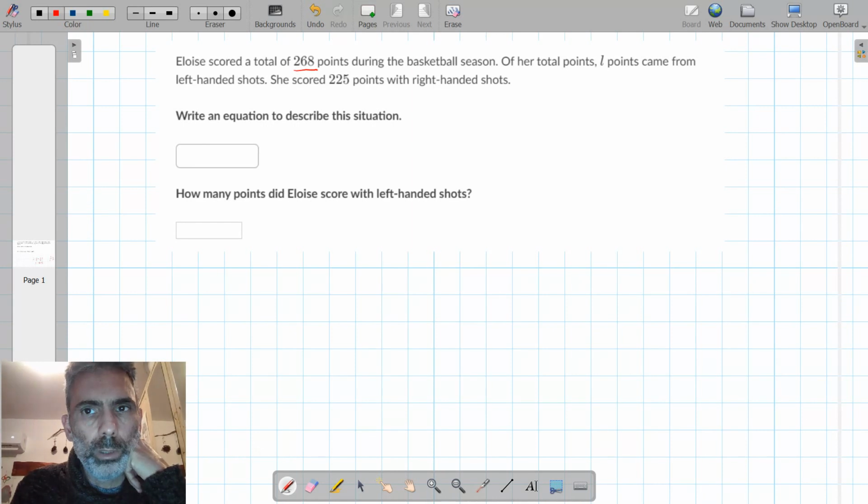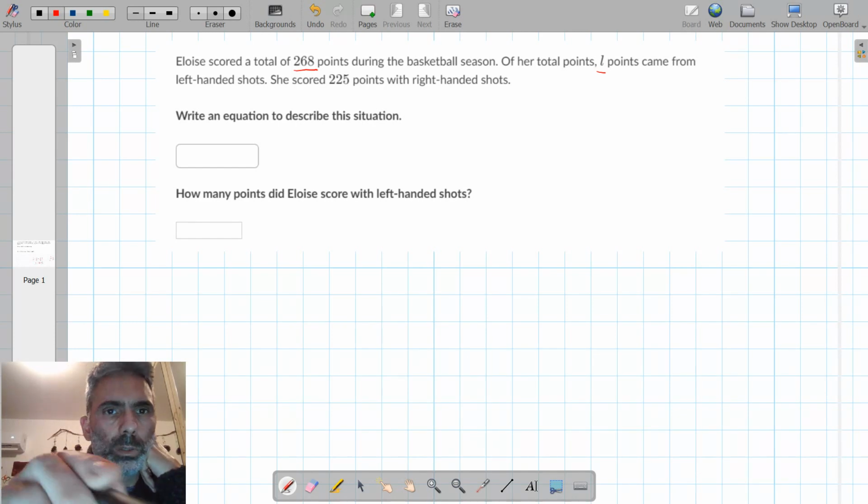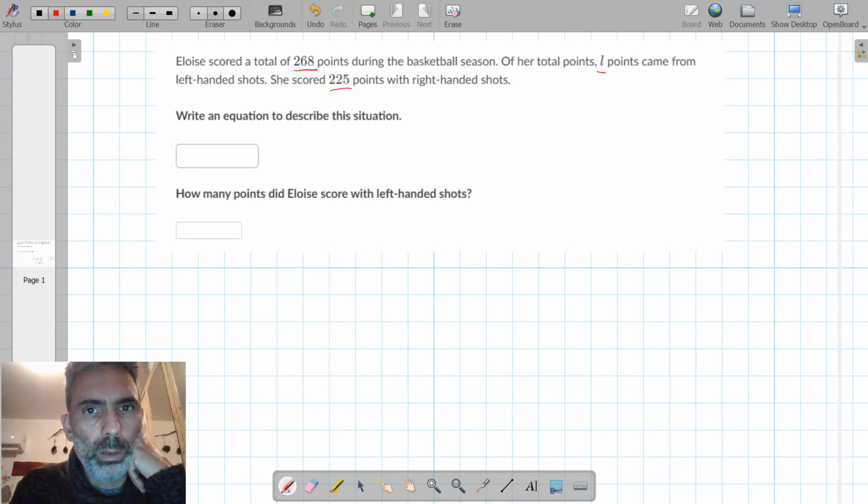Of her total points, L points came from left-handed shots. She scored 225 points with right-handed shots.